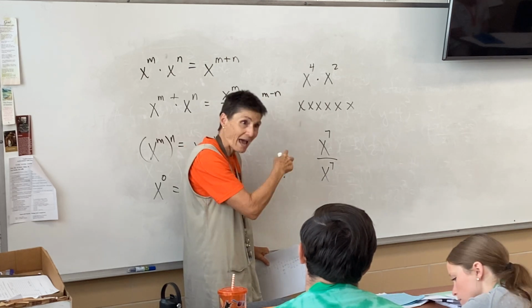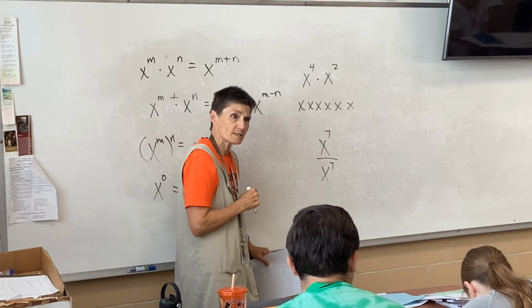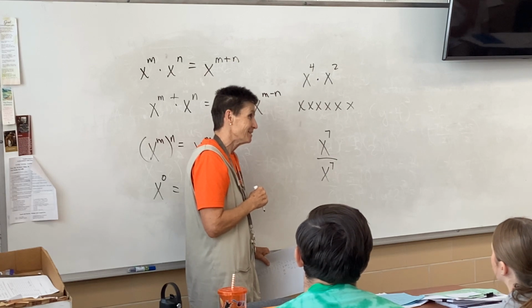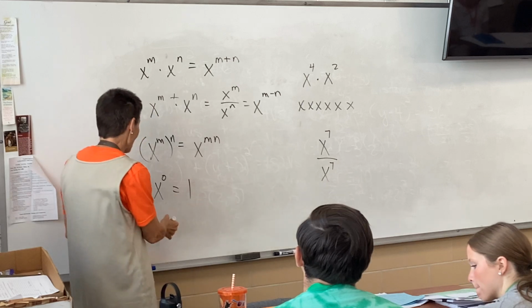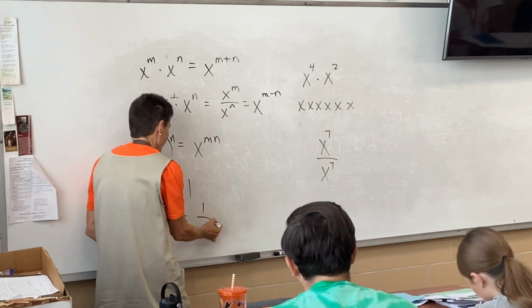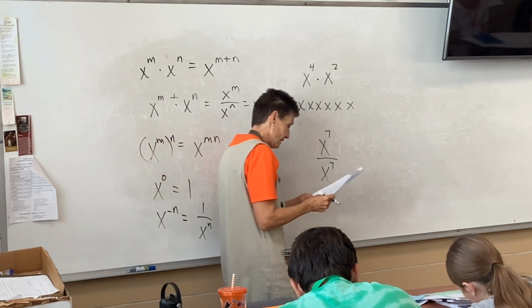There's no question. That fraction equals 1. But what happens if you apply your exponent rule and subtract the exponents? You get x to the 0. That's why it's 1. All right, how about x to the negative n? 1 over x to the n. Perfect.